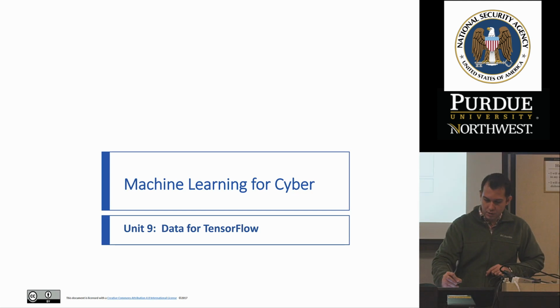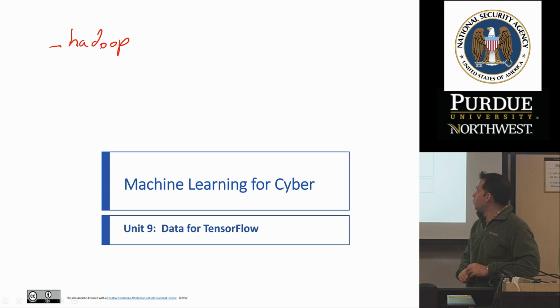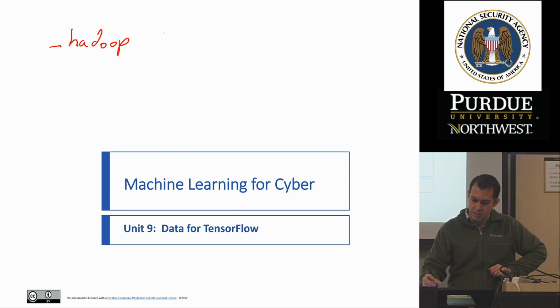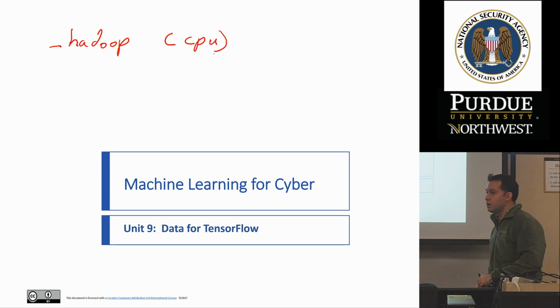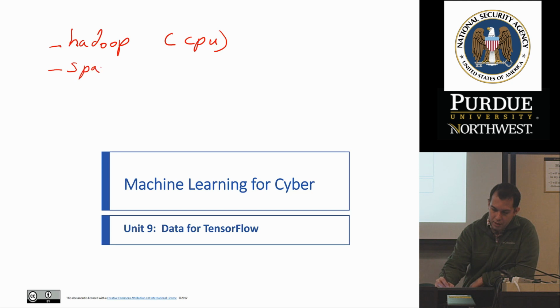So for instance, there are several solutions. One of them is something called Hadoop, and that's one alternative. This is a CPU-based application. Also similar to this one, there's a framework called Spark.